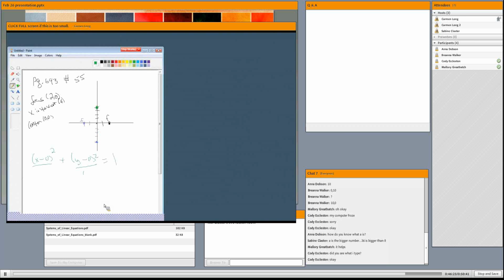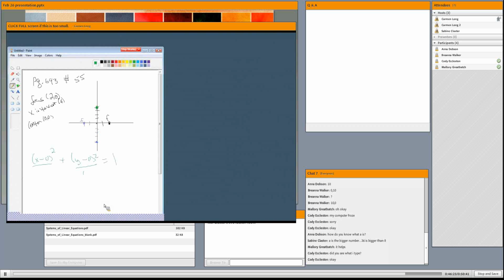Now, what is the distance between the center and the focus? Is it A, B, or C? We're going to have to use that Pythagorean relationship to figure it out. Remember, anytime you need to find A, B, or C, you have to use your Pythagorean relationship.